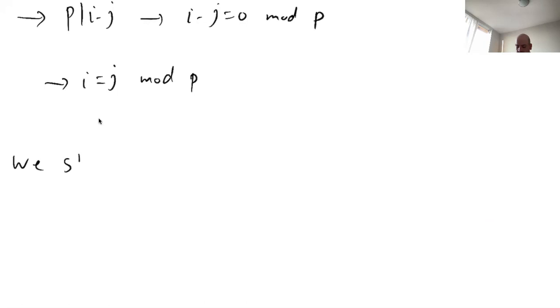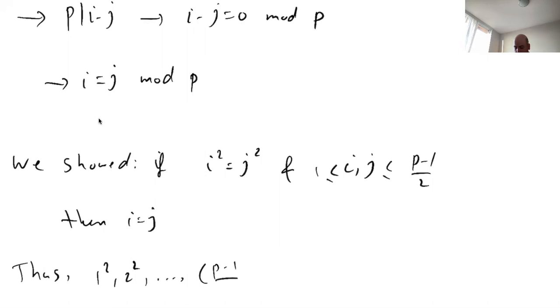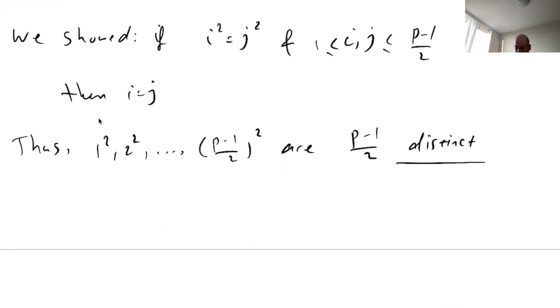So we showed if i squared equals j squared and i and j are between 1 and (p-1)/2, then i must be equal to j. Thus, 1 squared, 2 squared, up to ((p-1)/2) squared are (p-1)/2 distinct numbers in Zp.